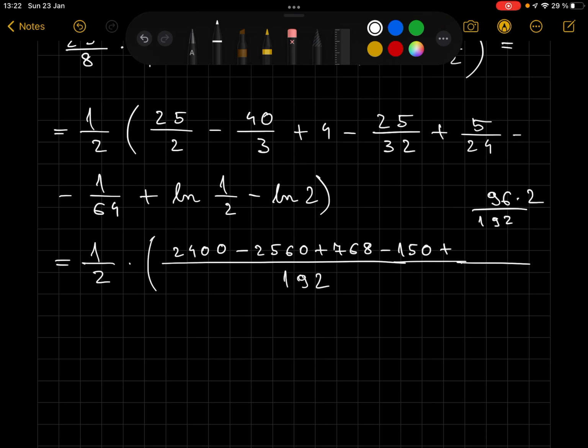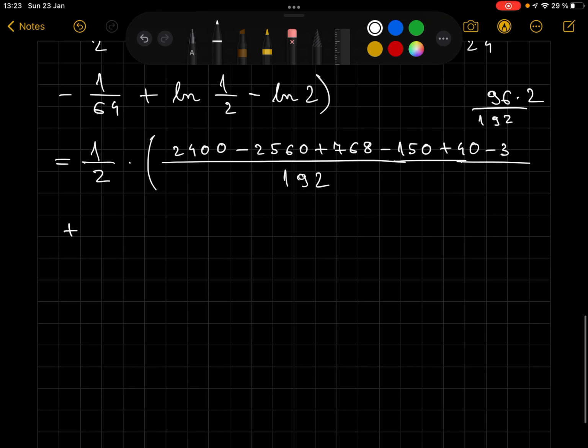plus 192 divided by 24 is 8 times 5 is 40 minus 192 divided by 64 is 3, and of course plus ln of 1/2 minus ln 2. Actually, let me just rewrite this as well.